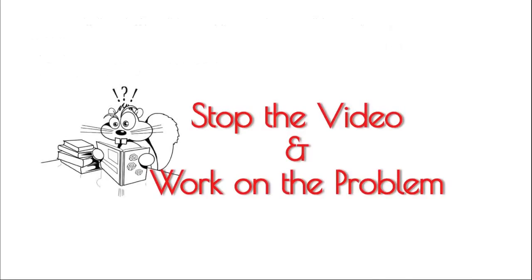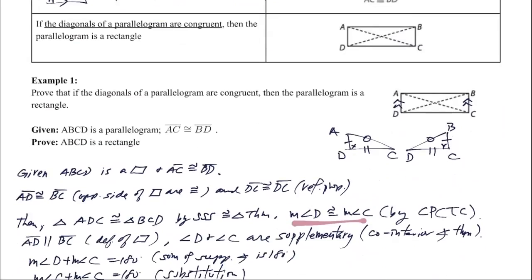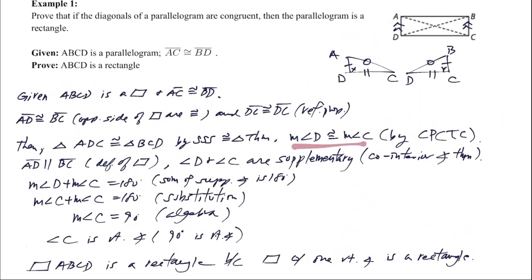All right, guys, enough of that. Here we go. And this is the way I did it. Okay. First of all, we know that this is a parallelogram, and we know that AC and BD are congruent. And we could separate these two triangles apart, and we have ADC and we have BCD.